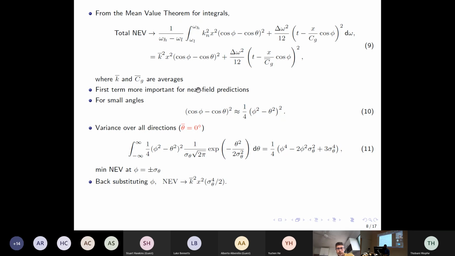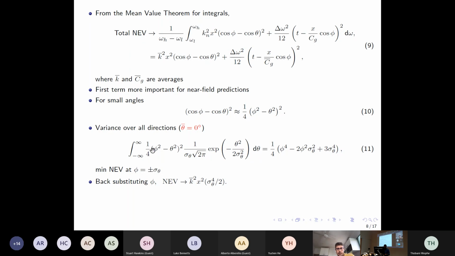And now we calculate the variance over all directions, assuming that the mean wave propagation is 0. So that's the first assumption. We use the Gaussian distribution, or the wrapped normal spreading function, to describe the propagation direction. So we integrate from minus infinity to infinity.